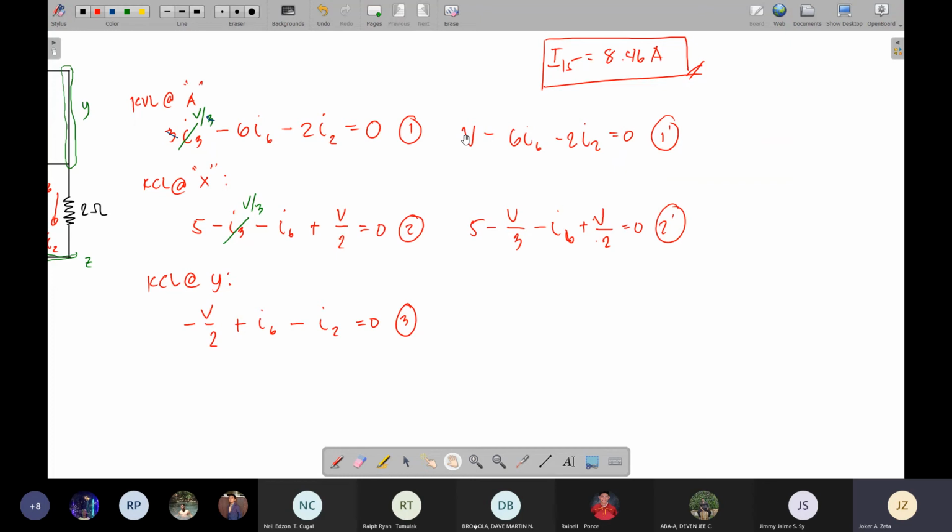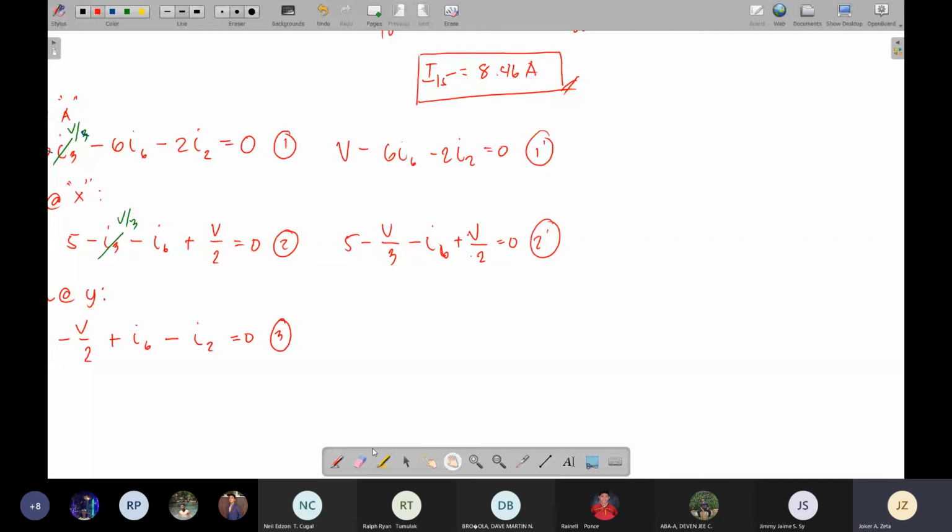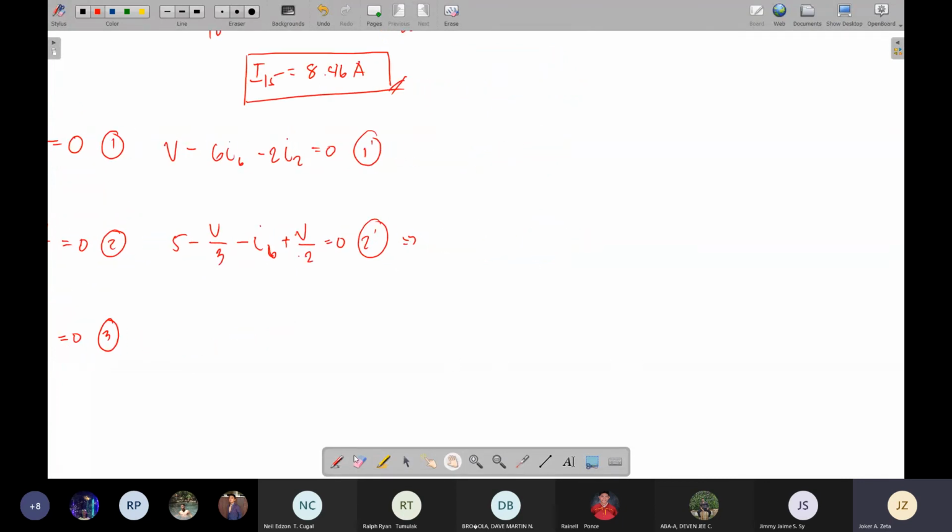So again, akong gamiton is substitution lang gihapon ha. So what I'm going to do is here for equation 2 prime, i-combine ako ang V. So I will have negative V over 3 plus V over 2. Then, i-transfer na ko ning duha sa pikas becomes I6 minus 5.